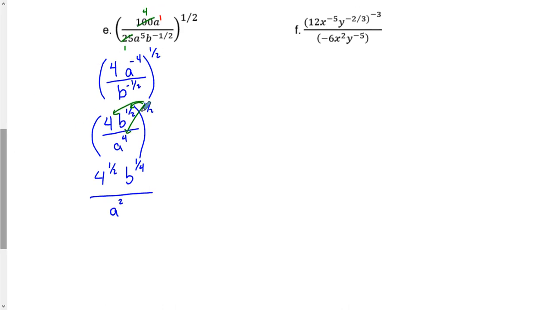So last little bit of work is I'm actually taking the square root of 4 to the power of 1, b to the power of 1/4, a squared. My final answer is 2b to the power of 1/4, a squared.